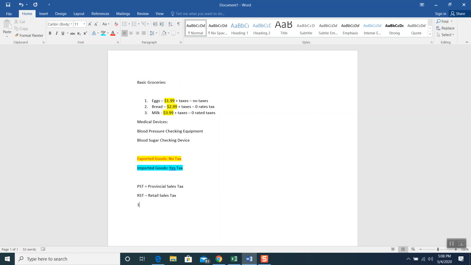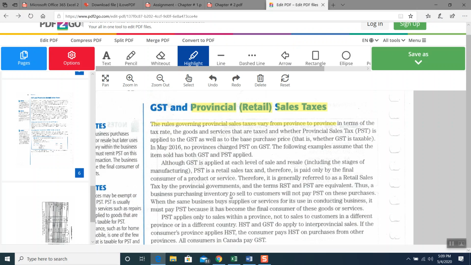We have 10 provinces and 3 territories. Altogether, it's 13 provinces plus the territories. Okay, so 13 altogether, 10 provinces and 3 territories.